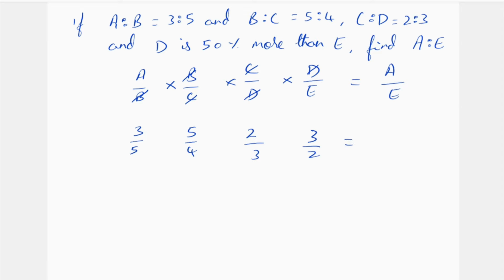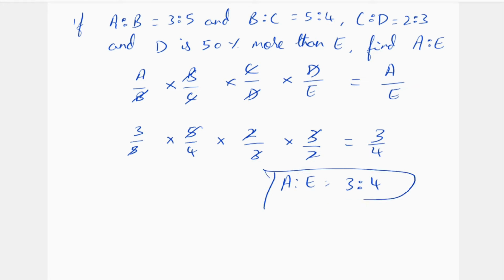So I'm going to do just that. I'm going to multiply these ratios now. 5 and 5 will cancel, 3 and 3 will cancel, 2 and 2 will cancel. I'm left with 3 by 4. So my answer is 3 is to 4. a is to e is equal to 3 is to 4. This is my answer. Clear?